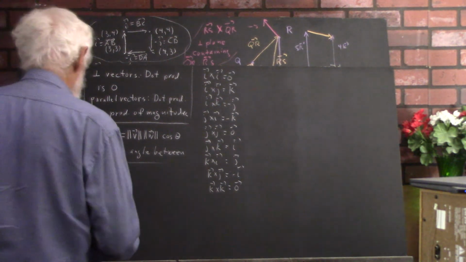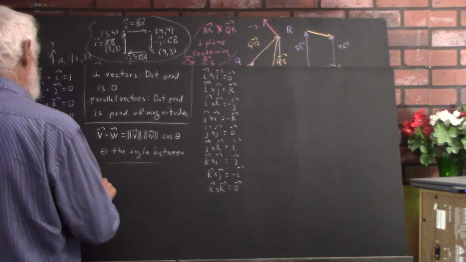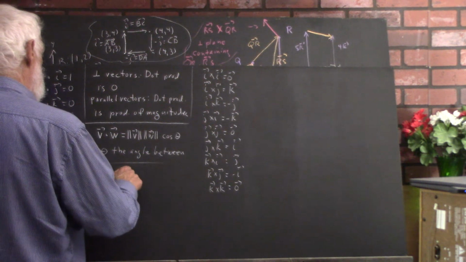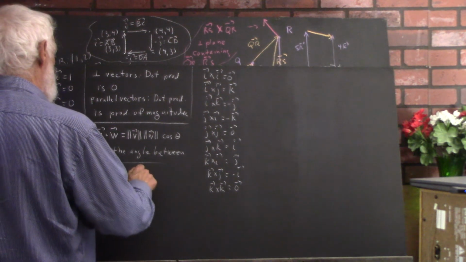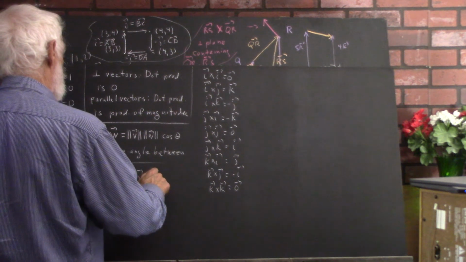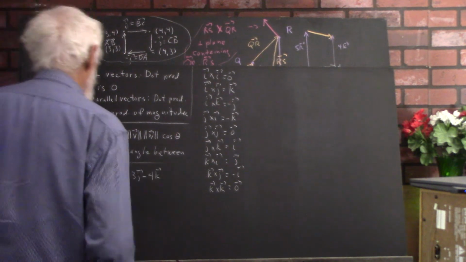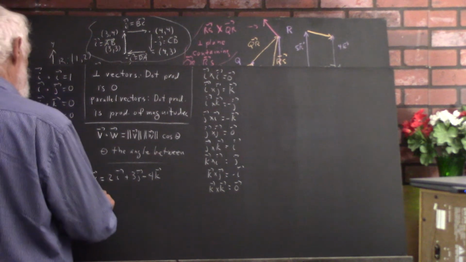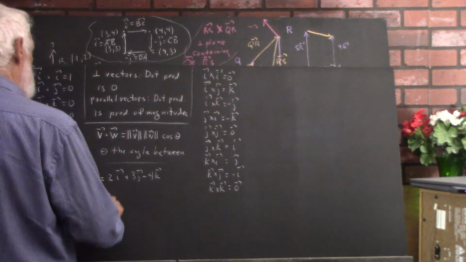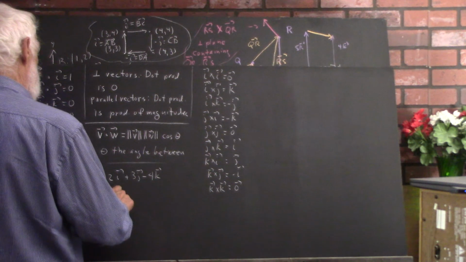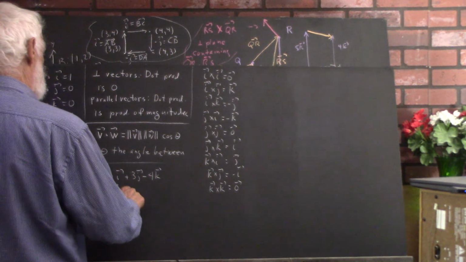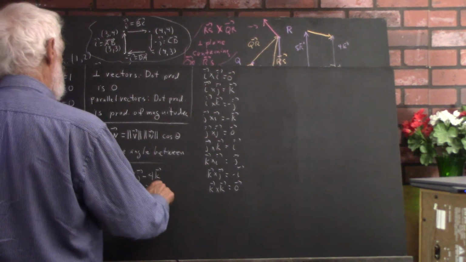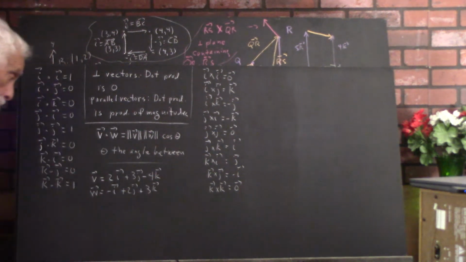An example. Let V equal 2I plus 3J minus 4K. Let W equal negative I plus 2J plus 3K.